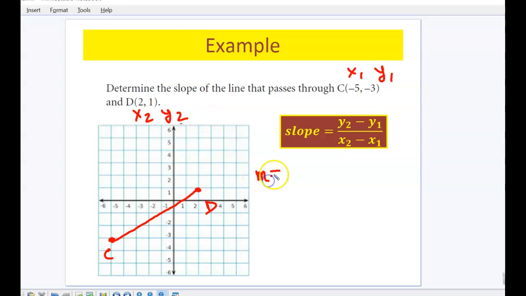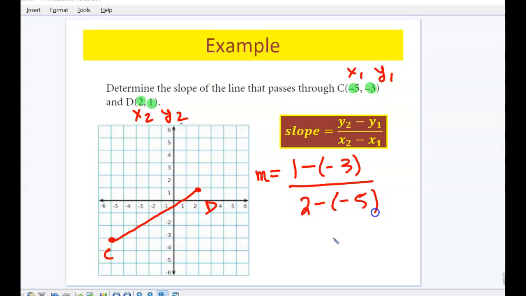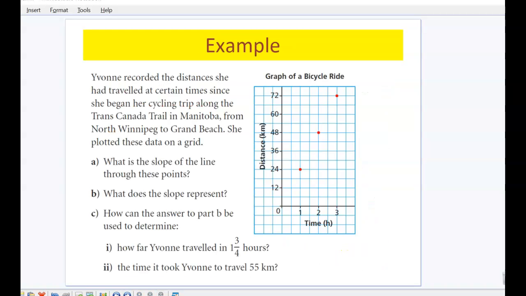So to figure out the slope, it's y2 minus y1, so it's going to be 1 subtract -3, divided by 2 subtract -5. And this works out to be 4 over 6, which reduces to 2/3.